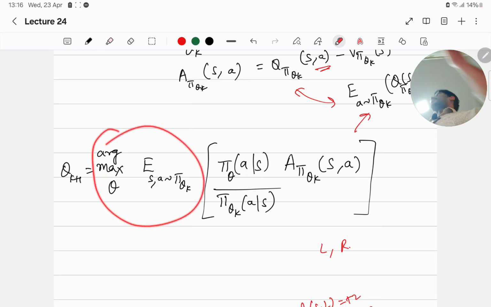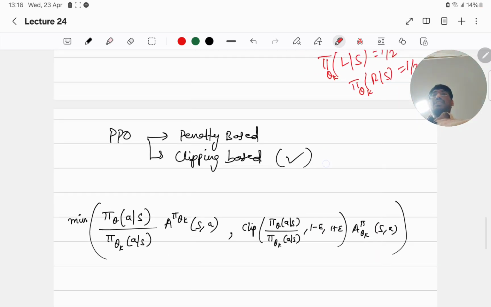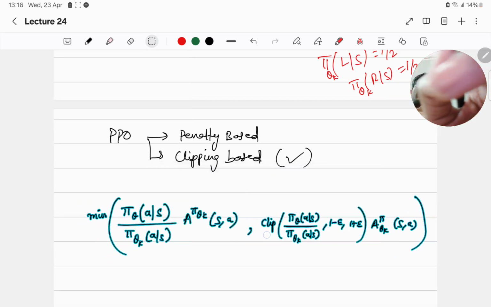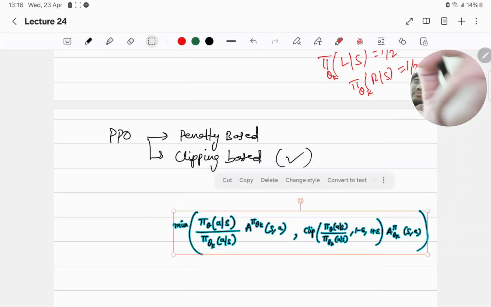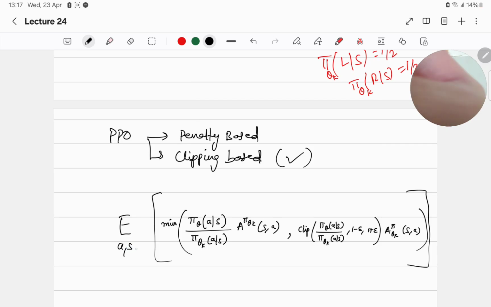This part will be coming in front of that. Okay. You have to take expectation with respect to s comma a, and you have to maximize over theta. So those things will come in front of this. Okay. So it's just that the objective has changed. Now you have to take expectation with respect to this, where s comma a is sampled based on pi theta k, and you want to do argmax over theta.